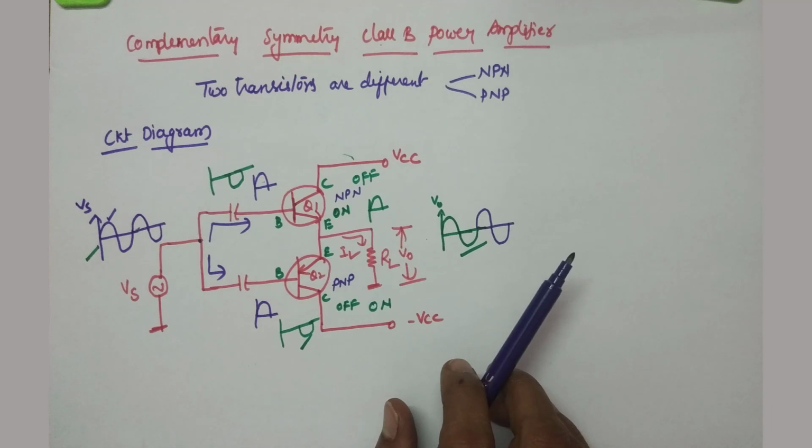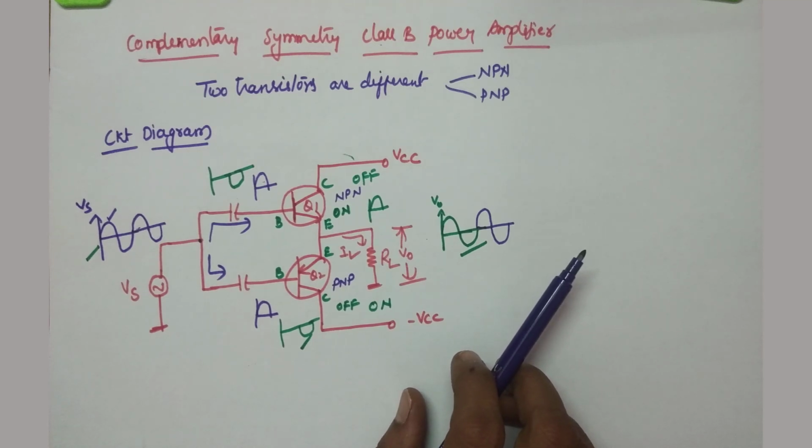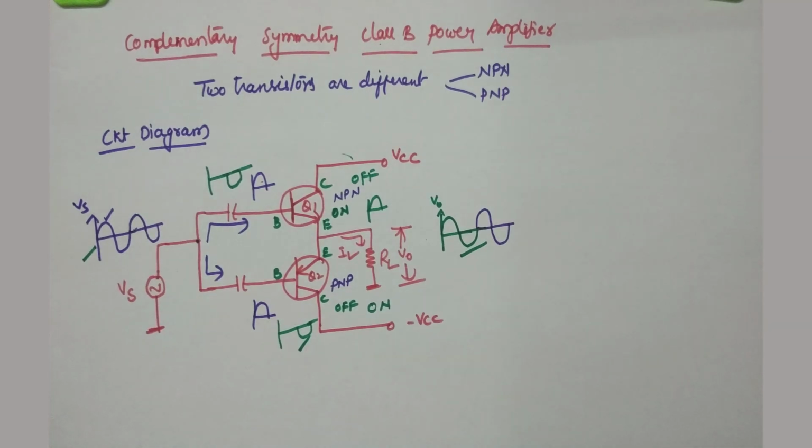So the efficiency is the same, the power dissipation is the same, and the maximum power dissipated is also the same. So that is about the complementary symmetry class B power amplifier. Even harmonic distortion is also the same. Thank you very much.